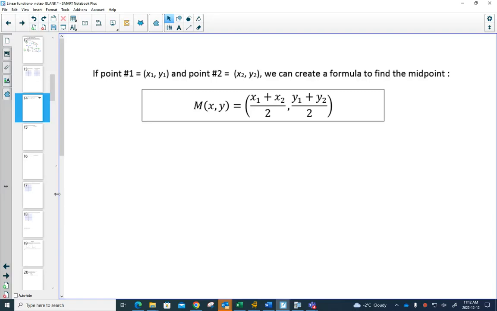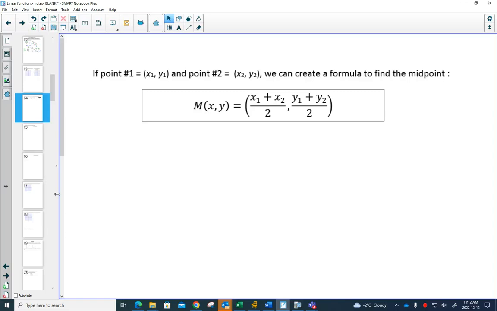But what we just did was we just went through the process of how a formula gets made. Someone has to think about it, and it has to make sense. And if this formula makes sense to you, that a midpoint is averages, your chances of remembering it by the time you get to grade 12 AP Calculus are very good.